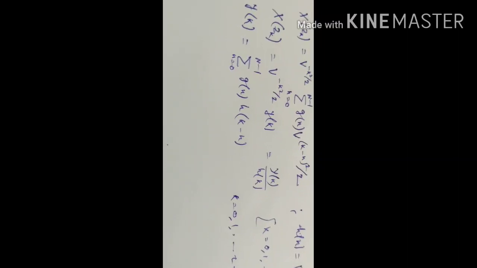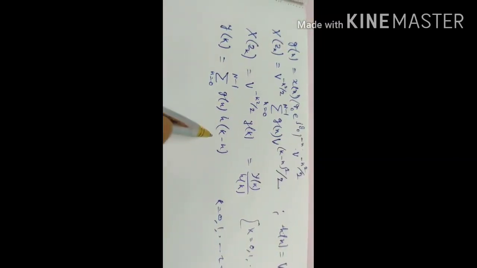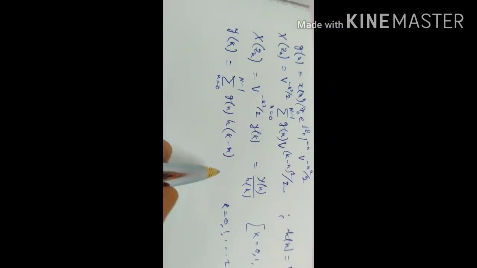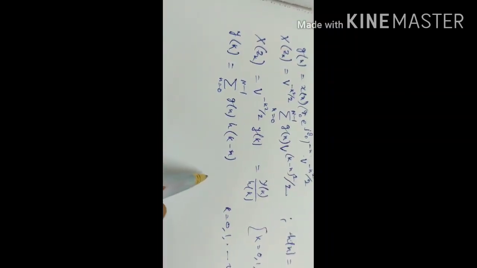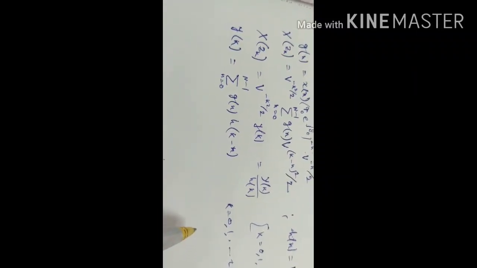So both hn and gn are complex valued sequences.